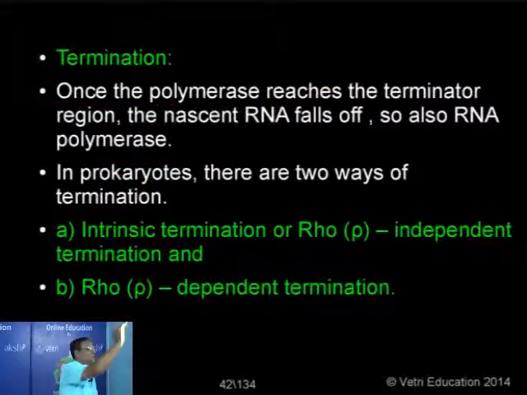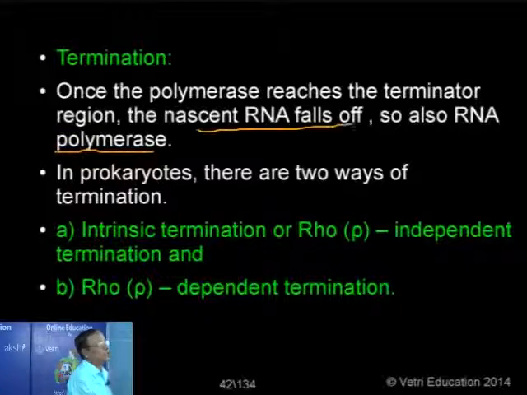Now the termination process. Once the polymerase reaches the termination sequence, the terminator region, so there is a last point, the termination destination, what will happen? The nascent RNA, the newly formed RNA, as well as the enzyme RNA polymerase fall off. They are being removed, they are being dissociated.